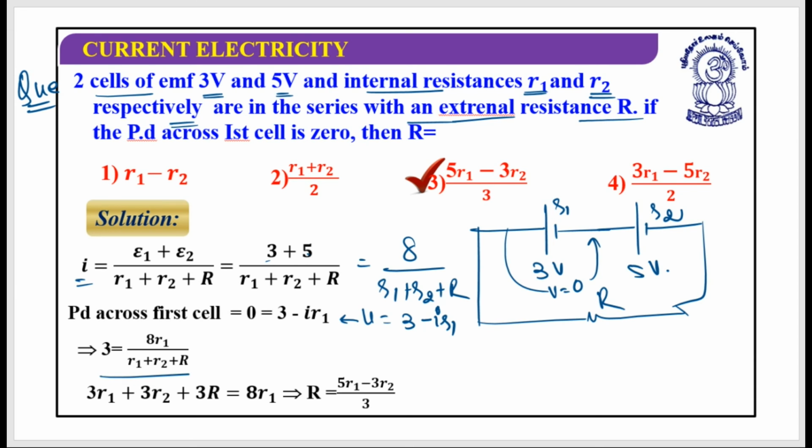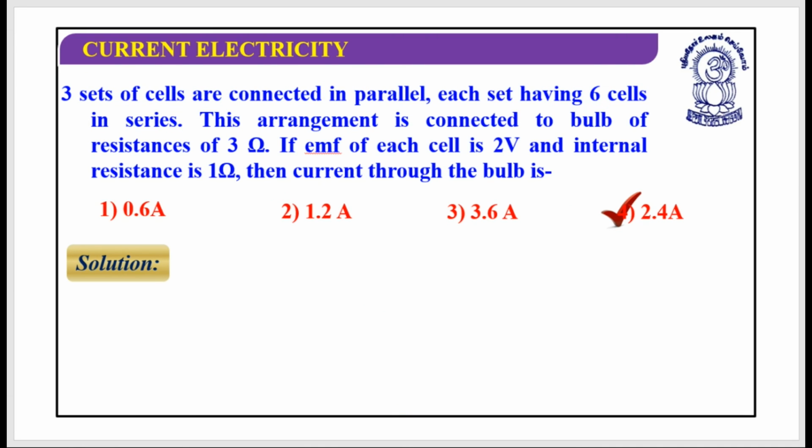So 3 is equal to I into R1, and I have replaced the value of I: 8 divided by R1 plus R2 plus R. If I solve this, external resistance R can be written as (5R1 minus 3R2) divided by 3. Is it clear? Can you do this? Are you sure? Let's have a look at the next question.